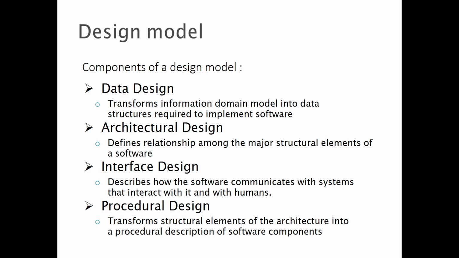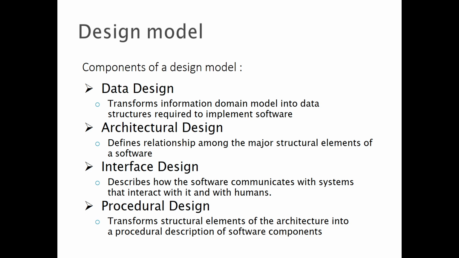The next thing is called architectural design. The architectural design defines the relationship among the major structural elements of the software. Now, the major structural elements that we generally call modules or packages or components, and how these components talk to each other is shown in the architectural design of a particular module.